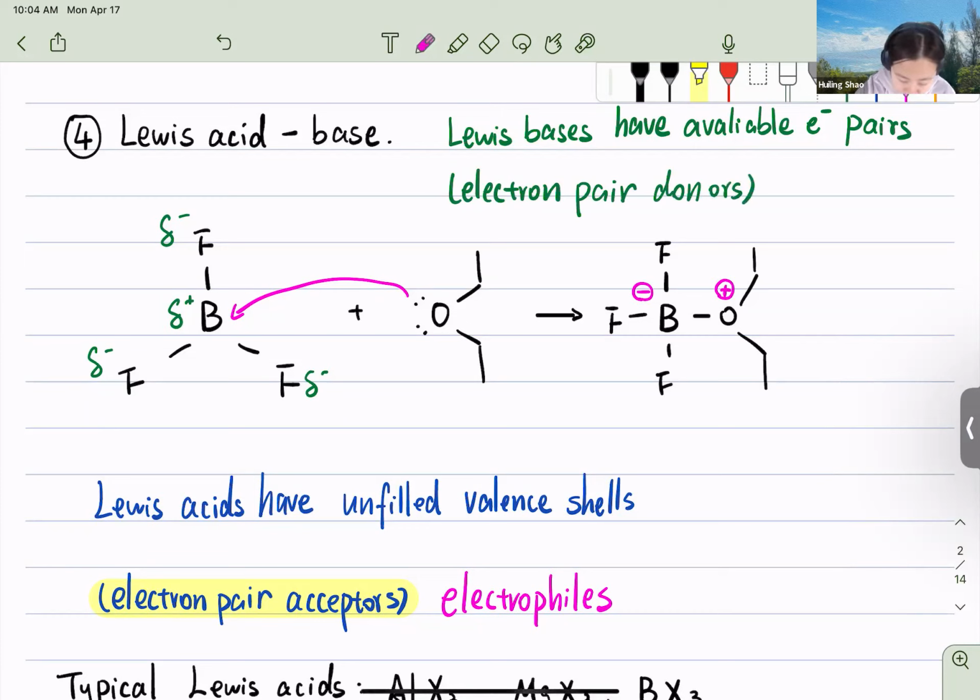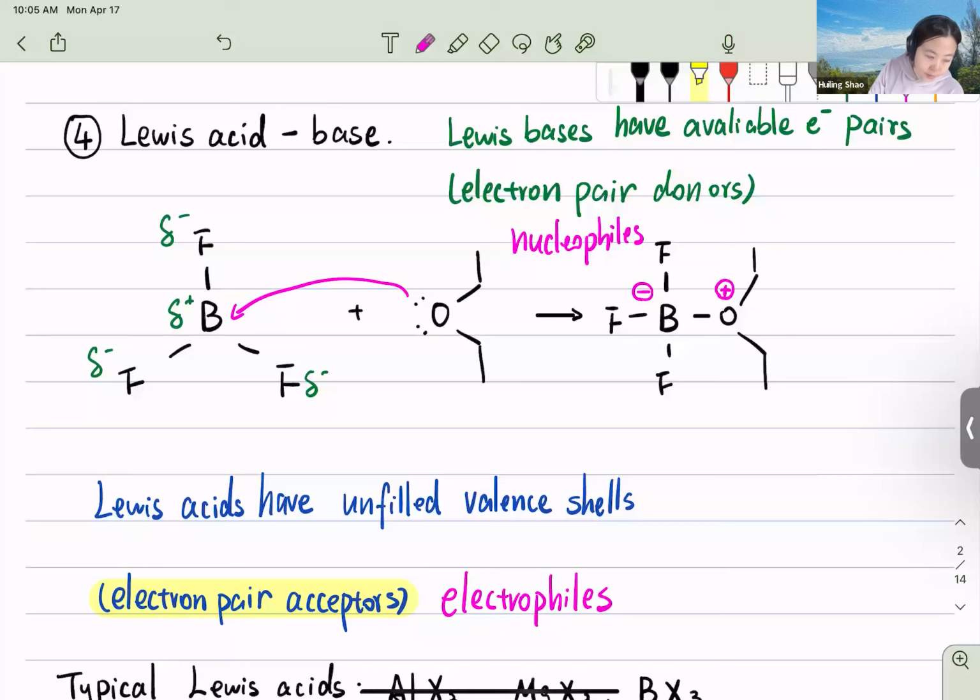We also call them nucleophiles. So the electron pair donor and acceptor are the new definitions for Lewis acid-base chemistry.